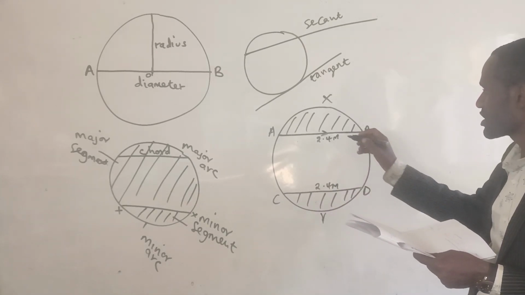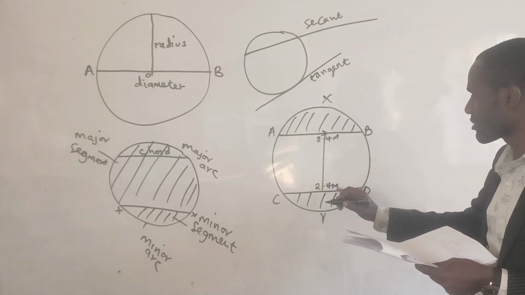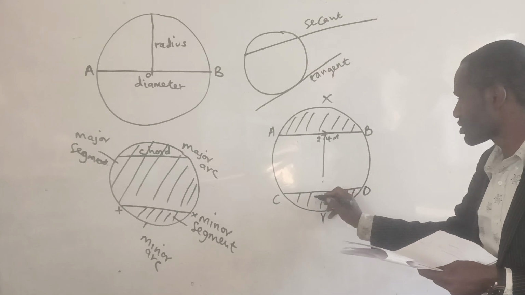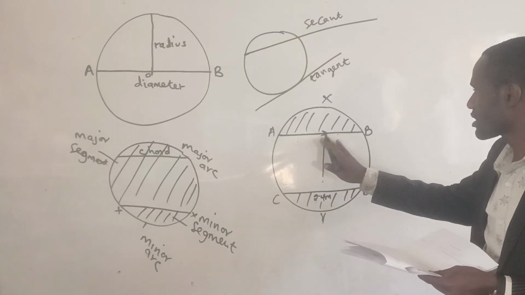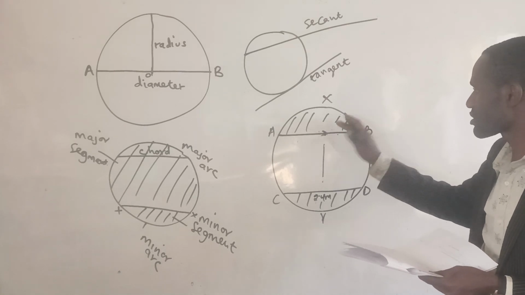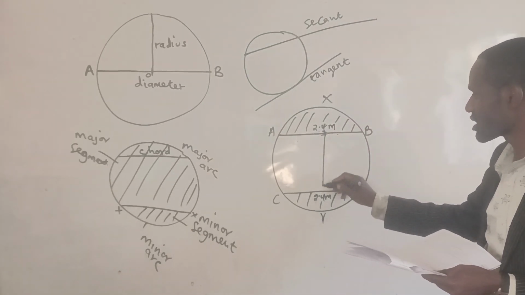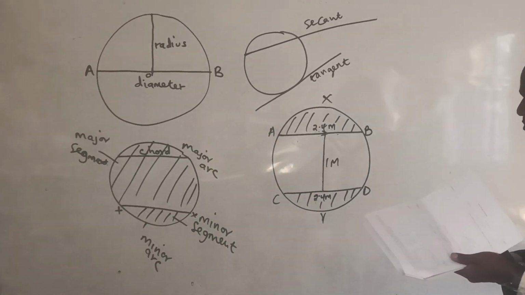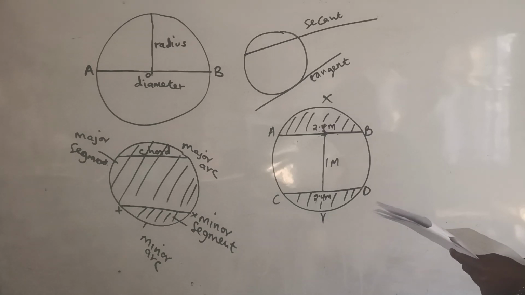And we are told these chords are 1 meter apart. So let me make it very clear: 2.4 meters, and again here 2.4 meters, and they are 1 meter apart. So this is our diagrammatic representation of this question.